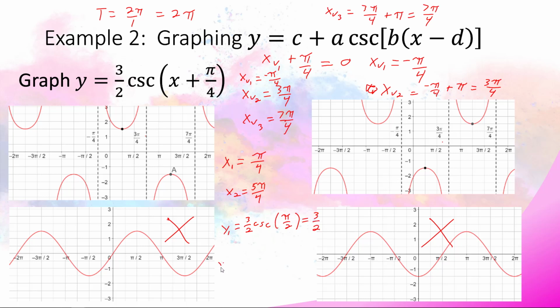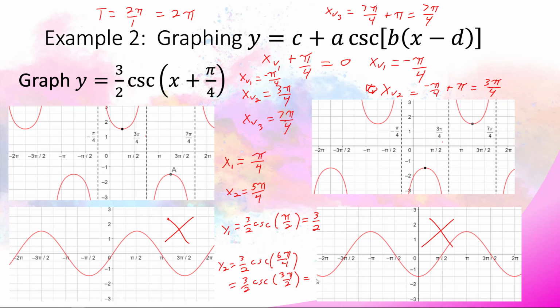Okay, and then y2 is going to be 3/2 times the cosecant of 5 pi over 4 plus pi over 4, which will be 6 pi over 4, which is the same thing as 3/2 cosecant of 3 pi over 2, which of course is -1.